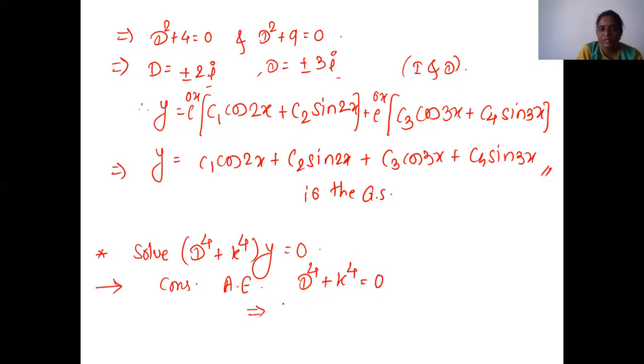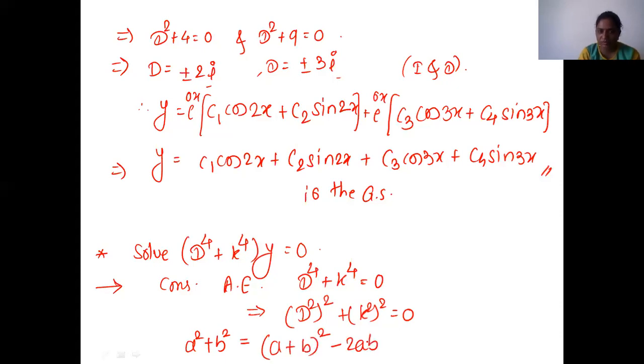Yes, what is the A square plus B square formula? A plus B bracket square minus twice AB. Correct? Yes. We have this formula. Use that.